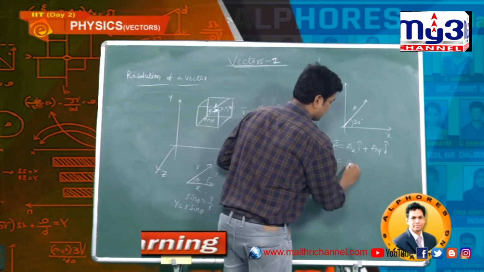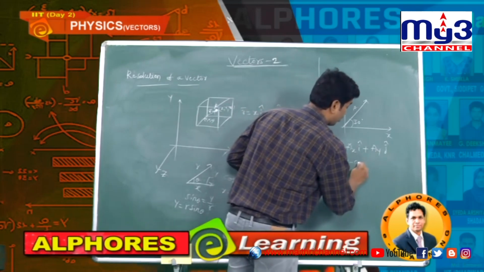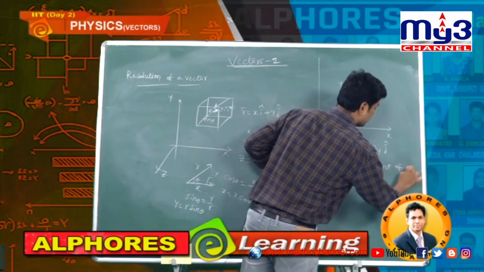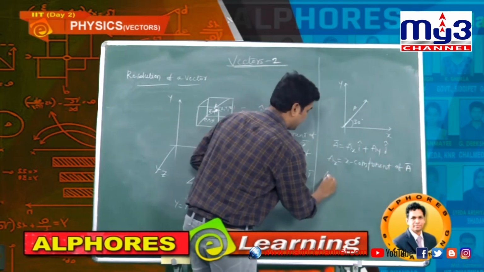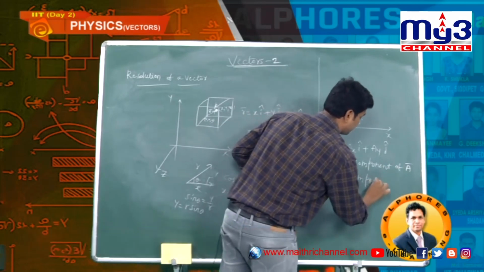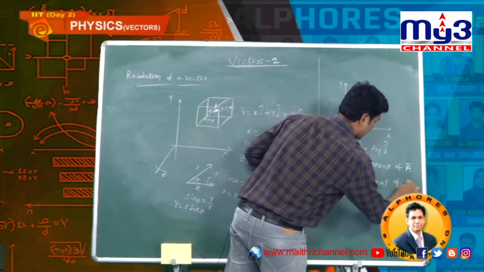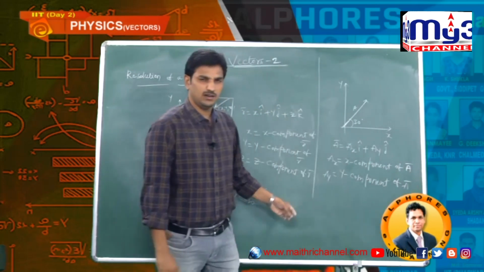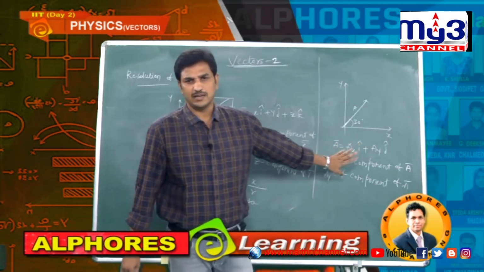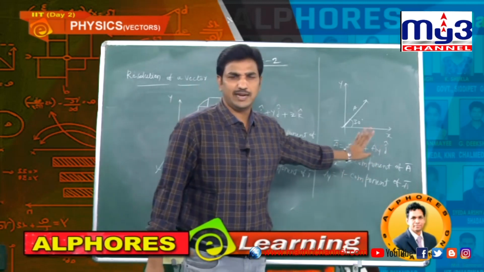Ax is the x component of A bar, Ay is the y component of A bar. Randomly I took the x component as Ax and the y component as Ay, but I don't know the values of Ax and Ay.